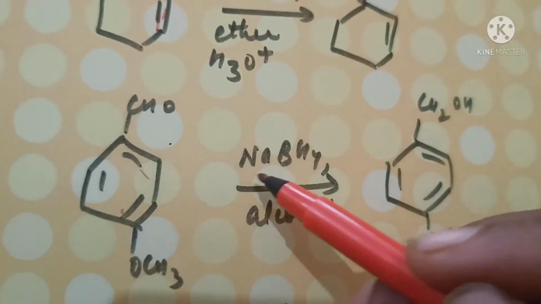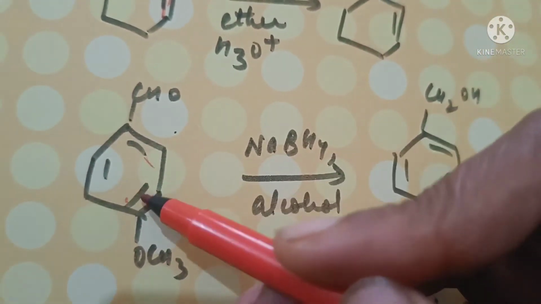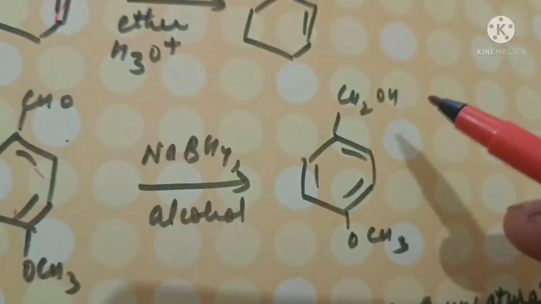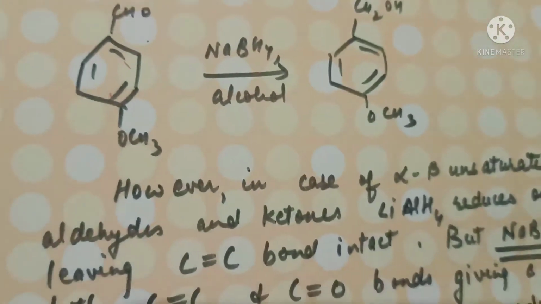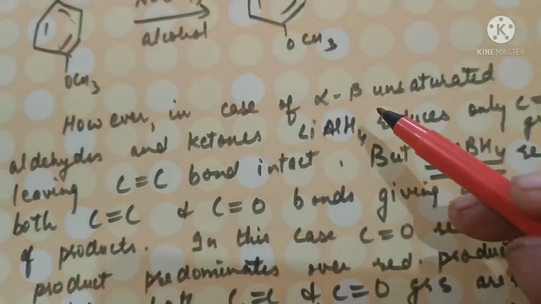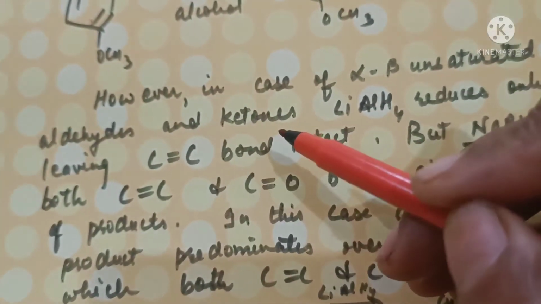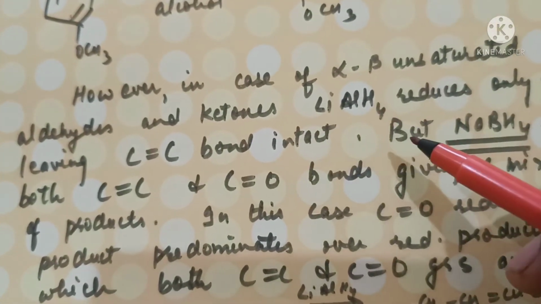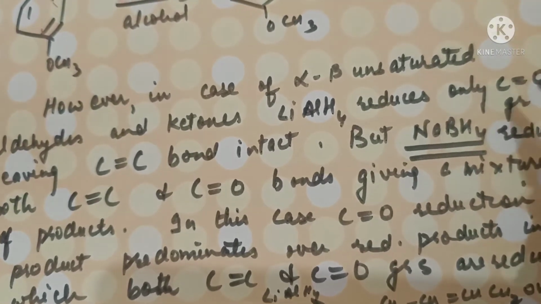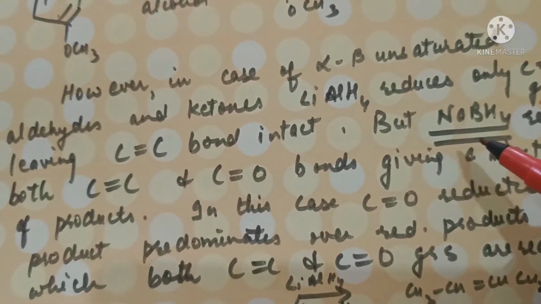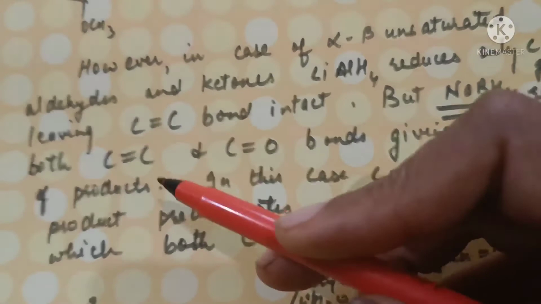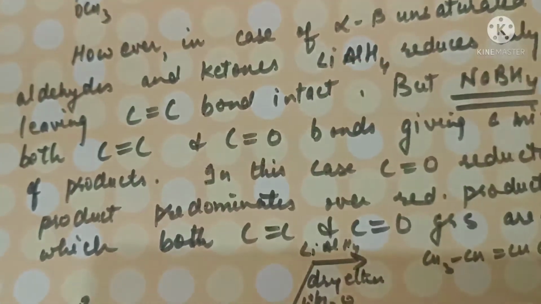Similarly, sodium borohydride also does not touch these bonds, only this is reduced. However, in the case of alpha beta unsaturated aldehydes and ketones, lithium aluminum hydride will reduce only the carbonyl group, but sodium borohydride will reduce the carbon-carbon double bond also.